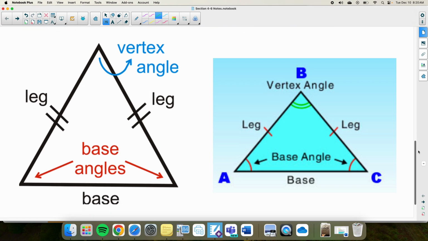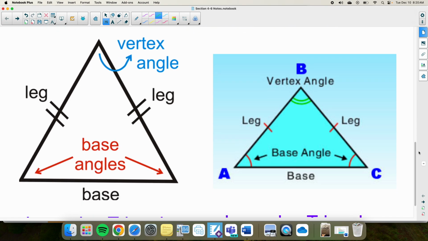Now, just so you know what the different sides and angles are called in an isosceles triangle, the two sides that are congruent are called legs. The side that is not congruent is called the base.